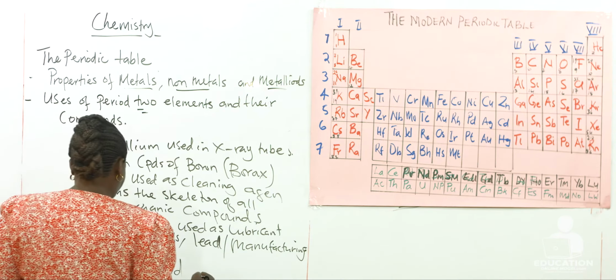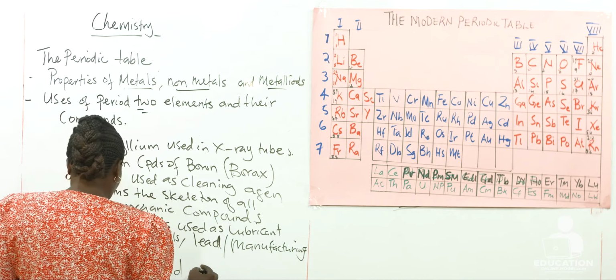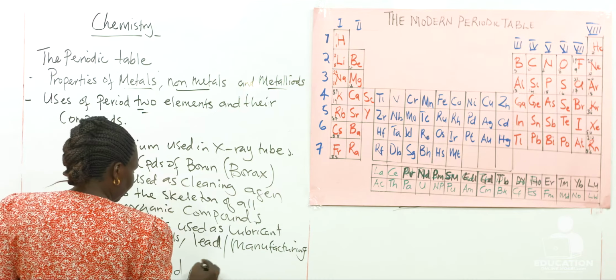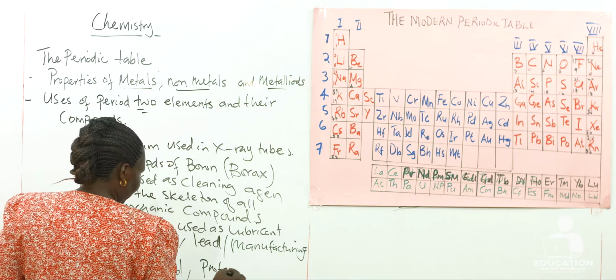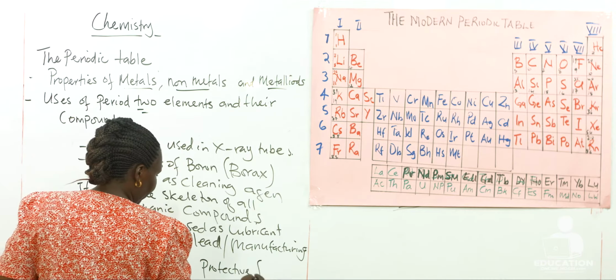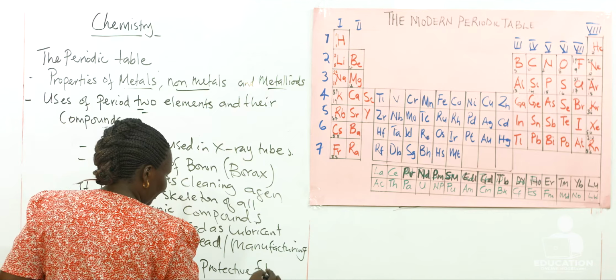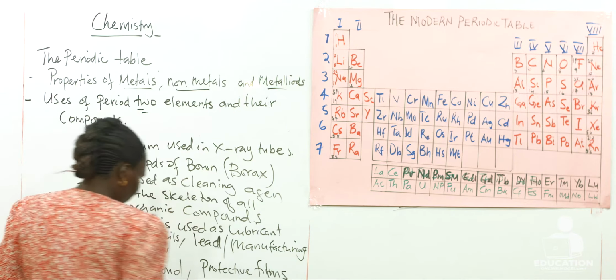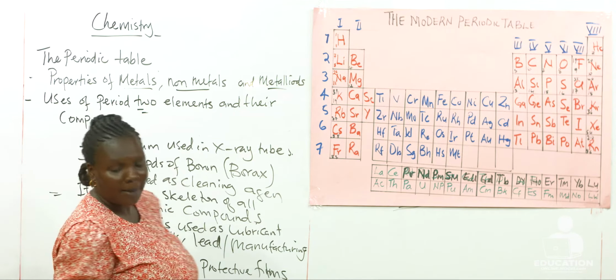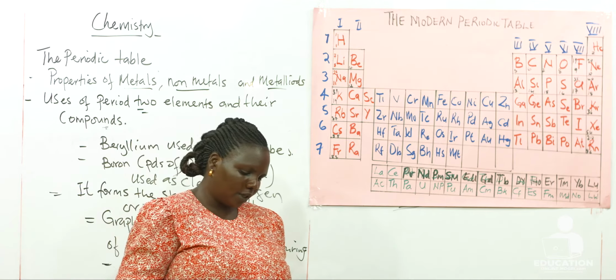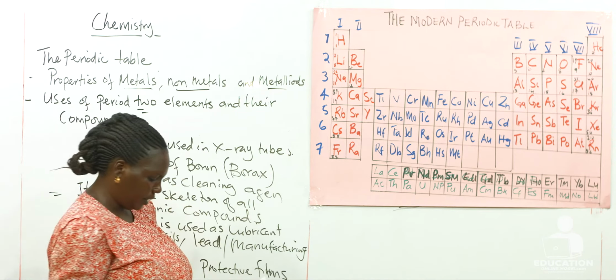Also, carbon is used for making protective films. So as I said, it is the second most abundant element in the human body.